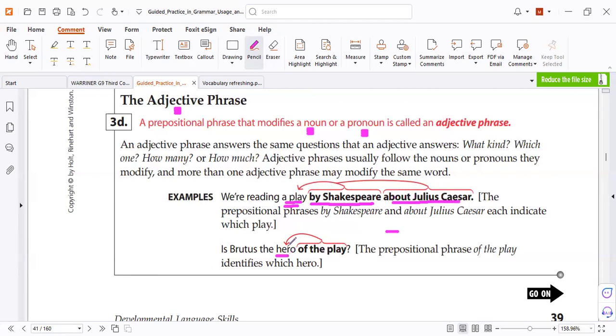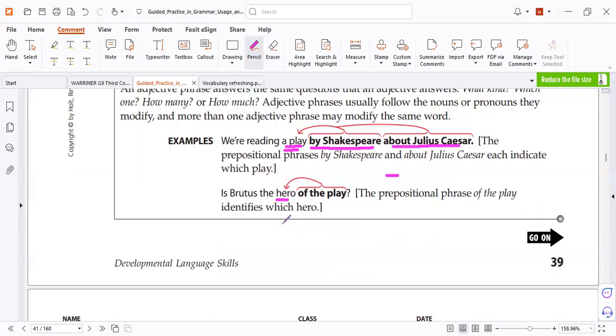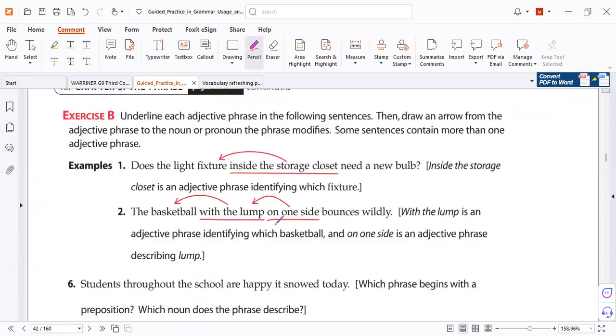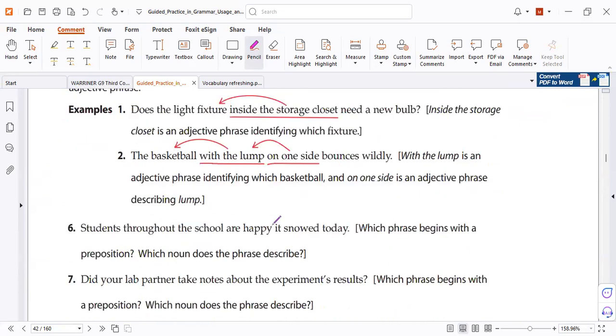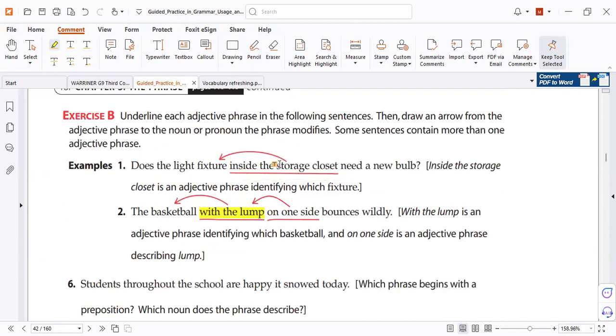That is a problem. Let's try the next. Here we have a phrase that describes basketball. The second phrase modifies lamb. Here the same. But this is the beginning, this is the end. Why? Because you found the verb. So the verb can tell you the end of the phrase. Like that, the verb is the end of the phrase.